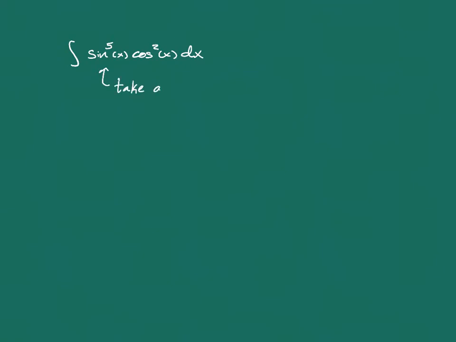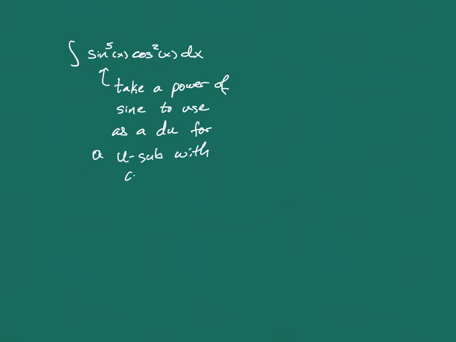We can take a power of sine to use as a du for a U substitution with cosine. Now the thing that actually makes that happen is the fact that the power on the sine is odd.